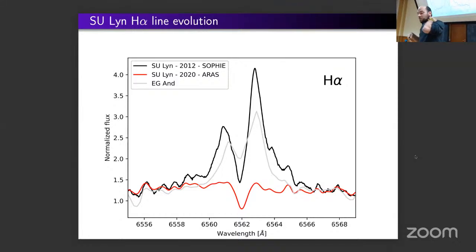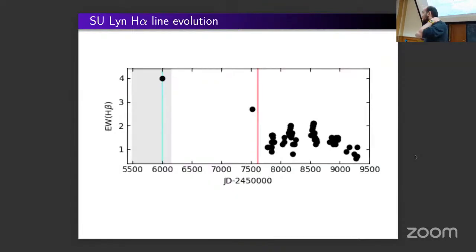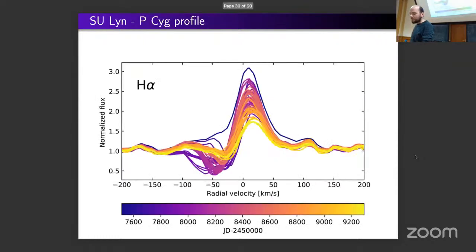So now it doesn't look like a symbiotic star, but for a very short time, it looked like a symbiotic star. And this is also shown here. You can see the H beta equivalent width is dropping. And only at the beginning, when the first point on the graph is located, you would classify the system as a symbiotic star.